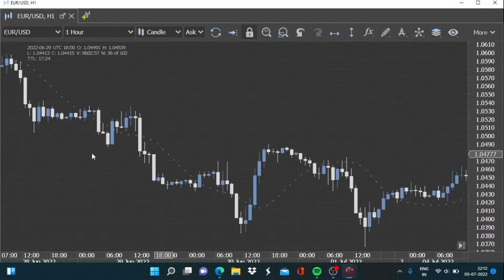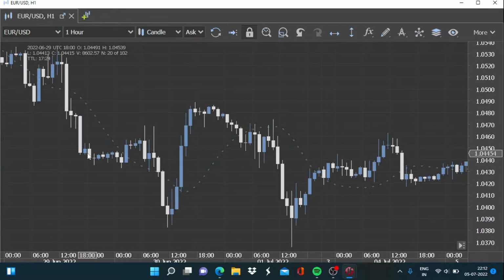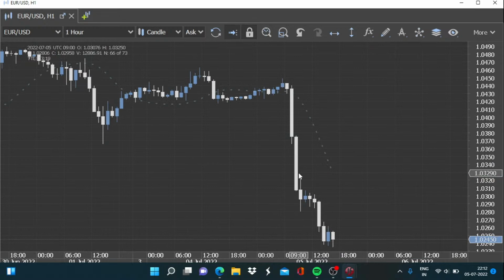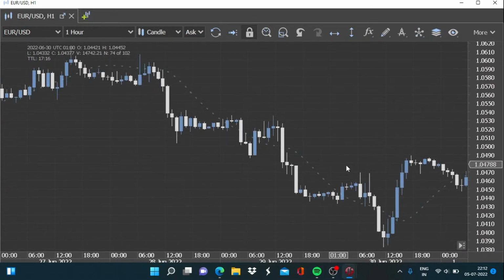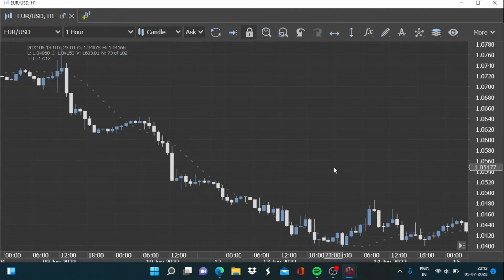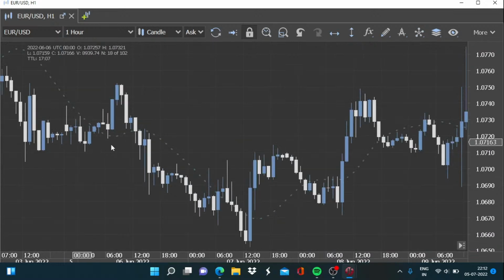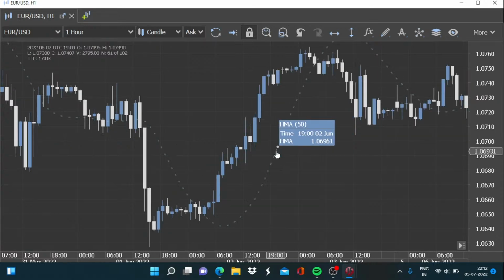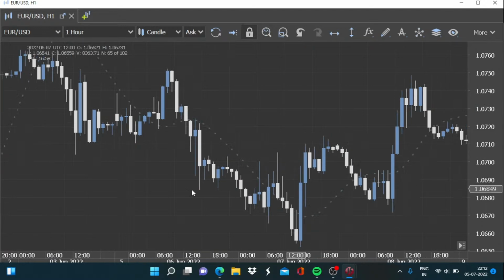You get the idea of where the HMA is. At the same time, the price action data remains prominent while looking at the chart, so we can use this kind of option to make the chart look better, and at the same time it is easier for us to comprehend what's going on in the market. We can look at the background HMA and make out that the trend is on the upside or on the downside.